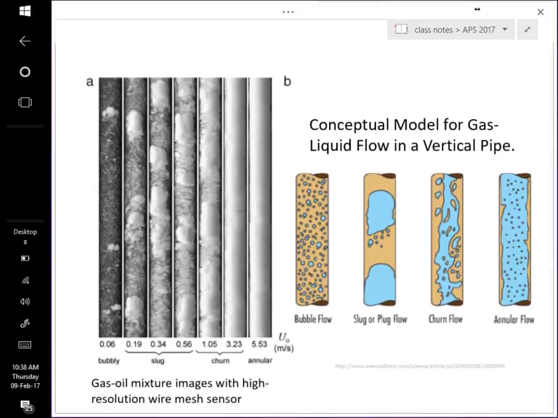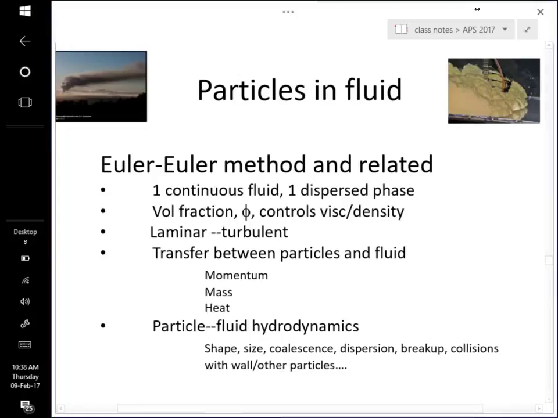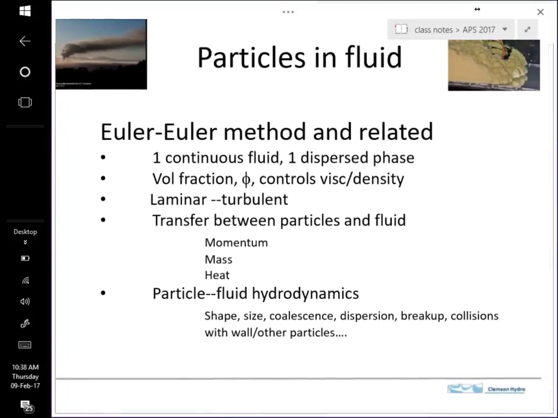And yeah, actually, if we go back to this problem of fluid flow in a conduit with bubble flow and annular flow, the thing we're talking about here now is this case and this case. This intermediate case would probably be something somewhat different. So for particle in fluid, there are several ways of doing this.